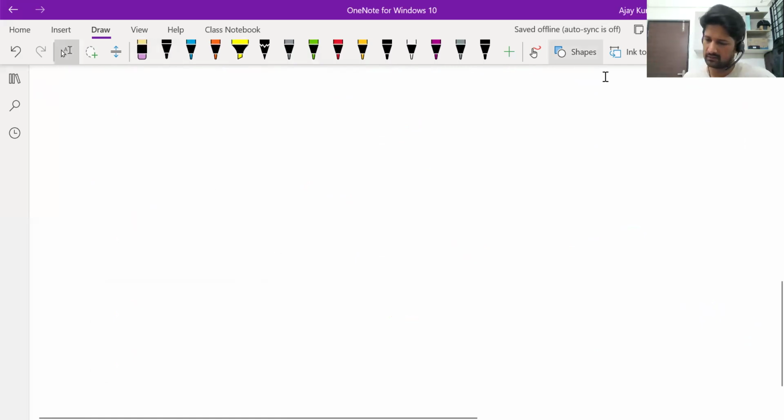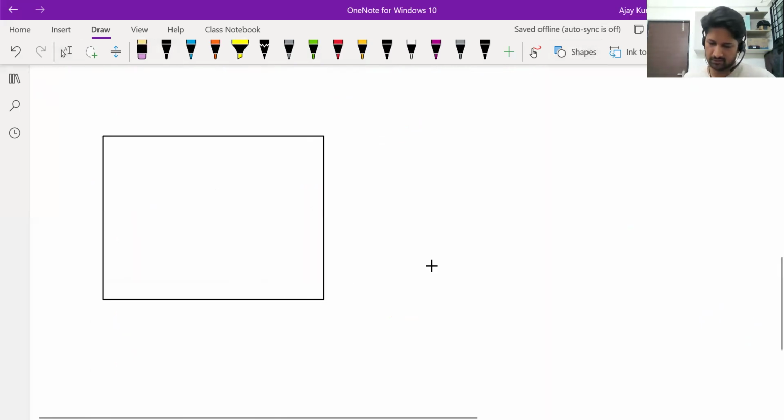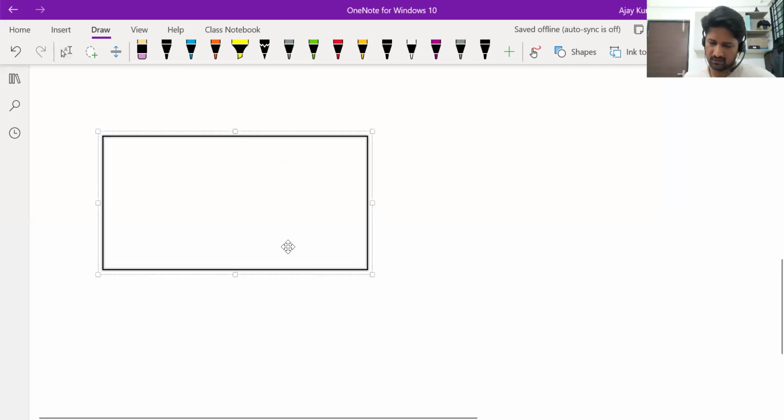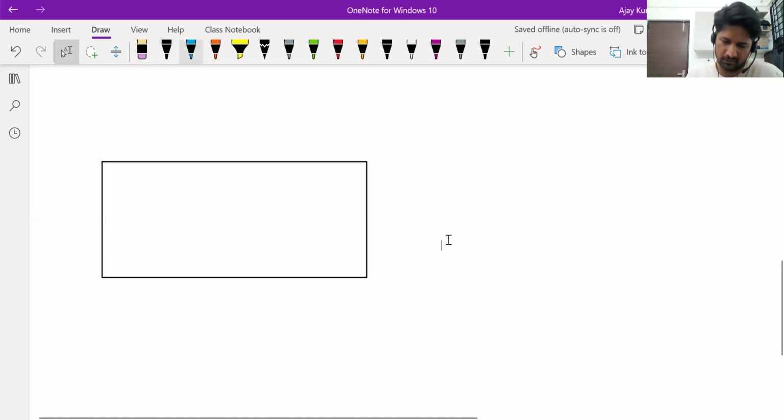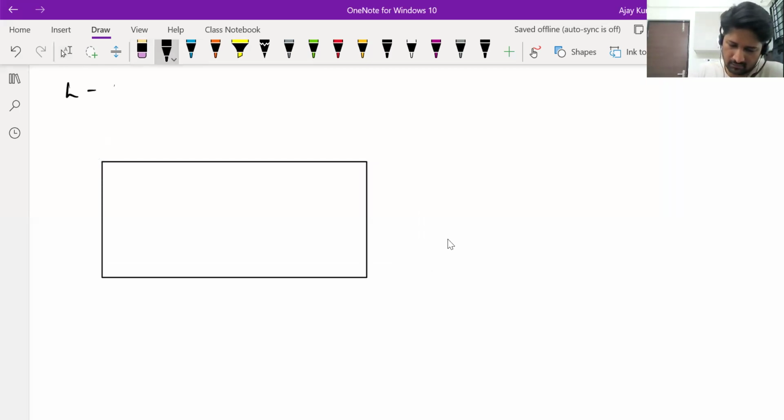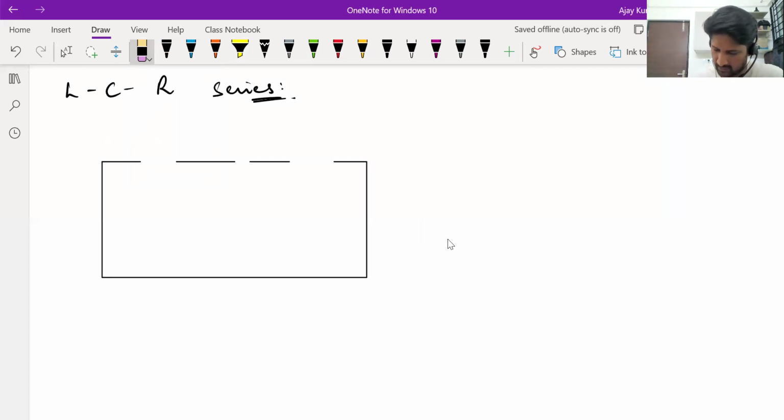Now consider an LCR series circuit. Means L, C and R, all three of them in one loop, connected in series. We'll place a resistance here, a capacitor here, an inductor here, and an alternating EMF source.